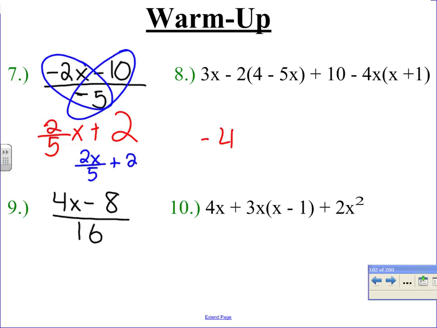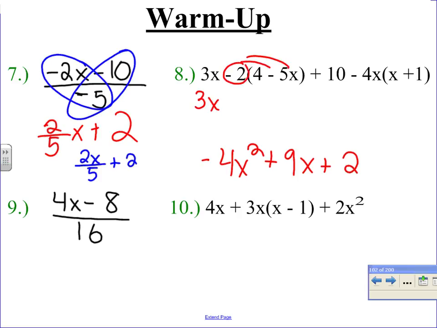Okay, let me go over the first part of this quickly. You need to drop down the 3x because that's not distributed. The negative 2 gets distributed, and then the negative 4x gets distributed. So when you distribute the negative 2, we have negative 8 plus 10x. Drop down the positive 10. Distribute the negative 4x through. So this is minus 4x squared minus 4x.